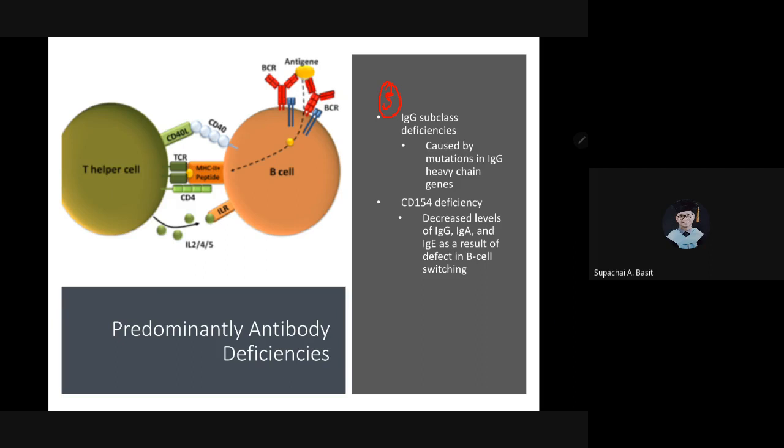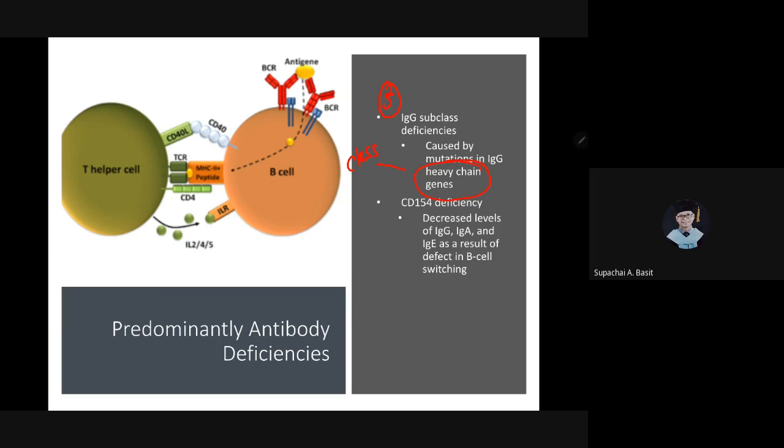So there would be mutations in IgG heavy chain genes. Now, let us recall what is the importance of the heavy chain. Heavy chain is actually important because this dictates the class of immunoglobulin.